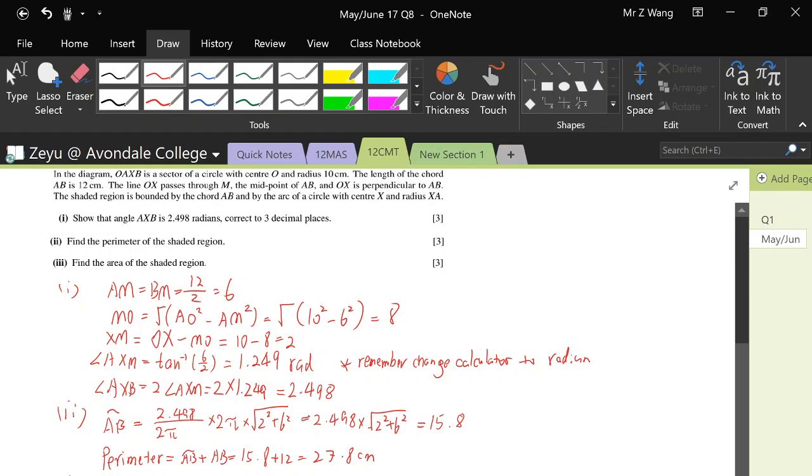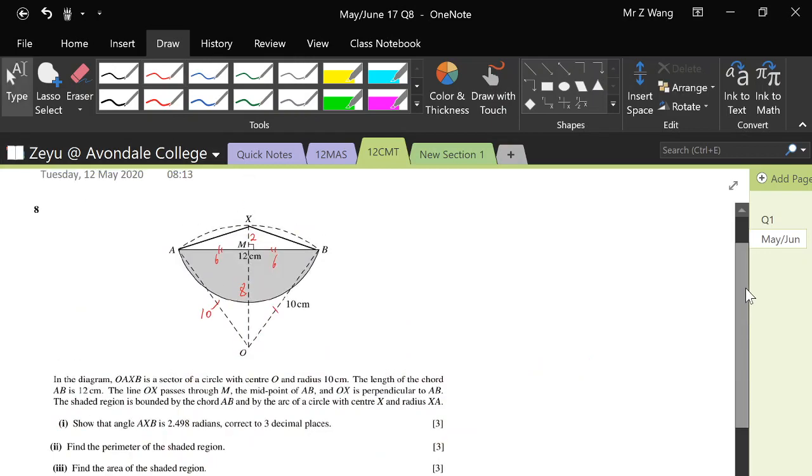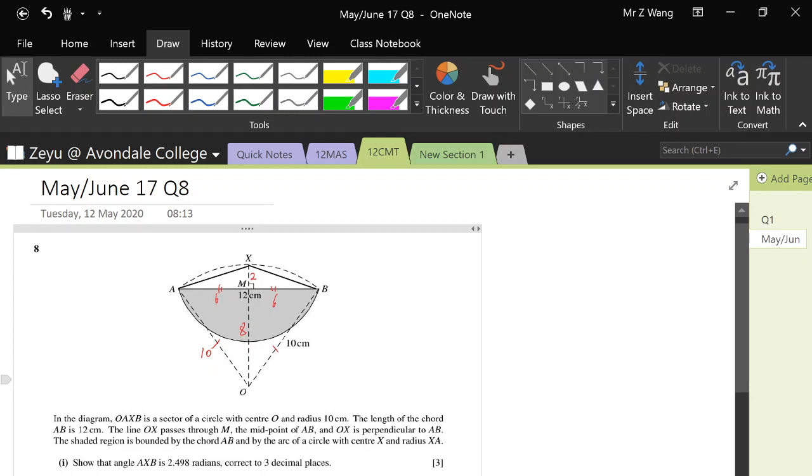So the answer is 50.0. And then you have to subtract the area of this triangle.